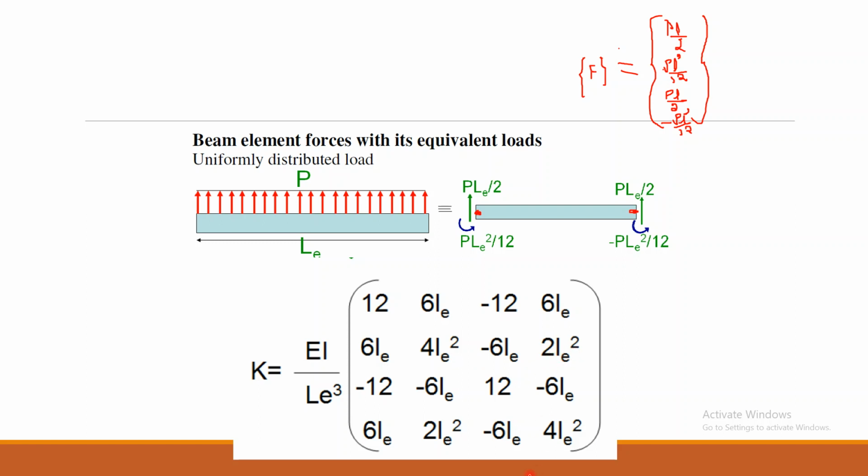These are all the quantities that we are going to consider, where E denotes Young's modulus, I denotes area moment of inertia, and LE represents the length of the element. Capital LE and small LE are both the same, no need to get confused.